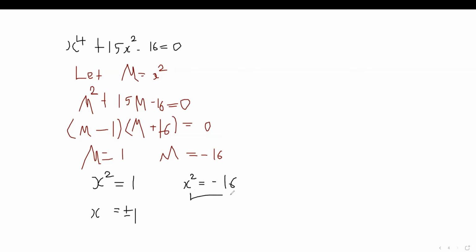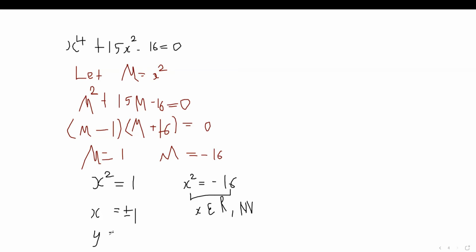So this one is not valid, because you cannot square a real number and get a negative number. Since x is an element of the real numbers, we know this is not valid. All right, so x is equal to plus or minus 1.